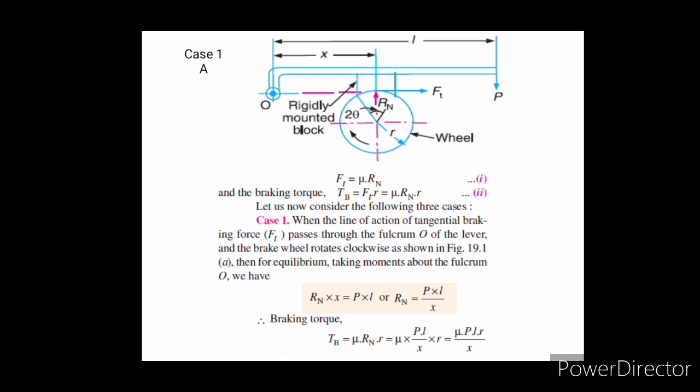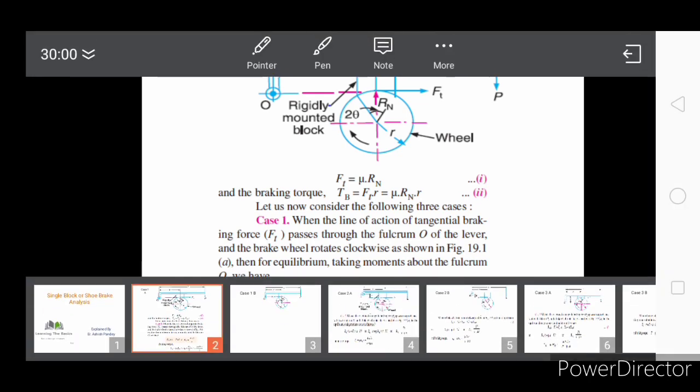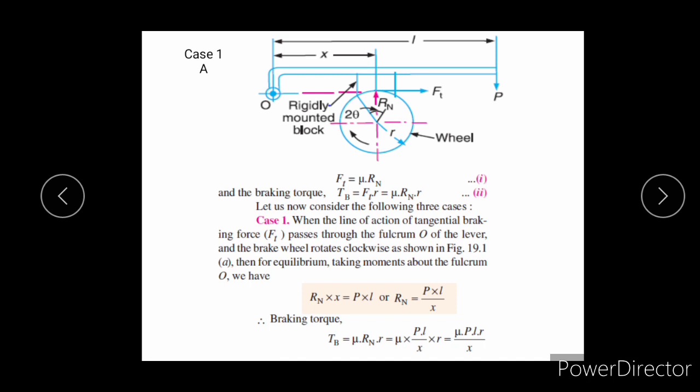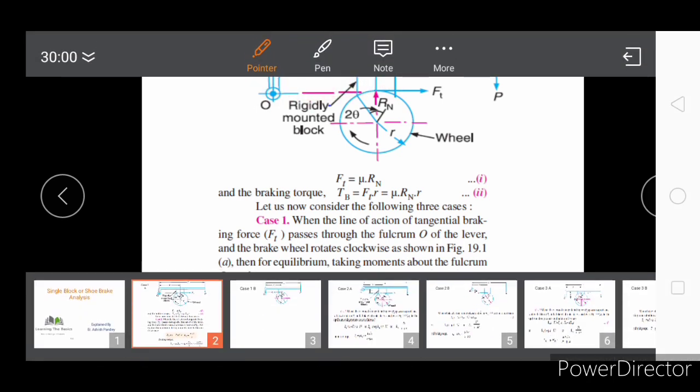The 3 cases are when this fulcrum, see this fulcrum point O, this point O is a fulcrum. The fulcrum is on the line of action of this tangential force Ft you are seeing over here. The line of action of this tangential force is going through this fulcrum.